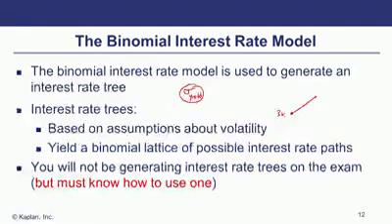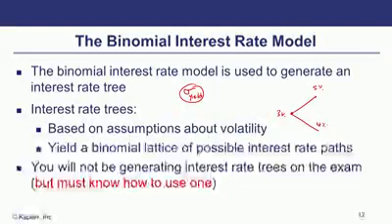They could possibly be 5% in the upstate of the world and 4% in the downstate of the world. So here we're not even looking at share prices, we are looking at interest rates, shocking these interest rates based on yield volatility.